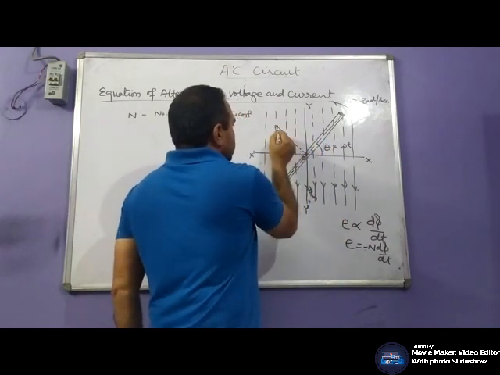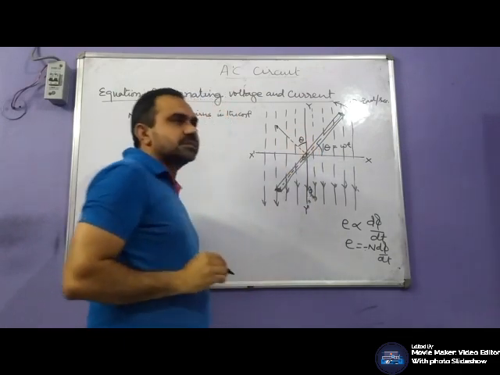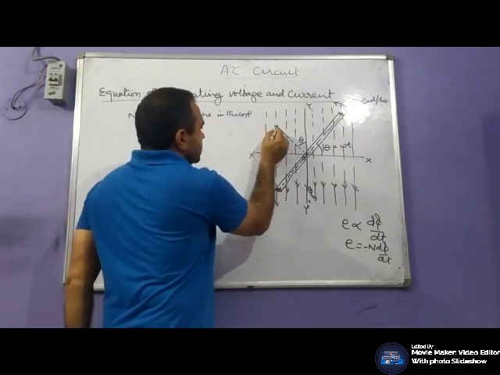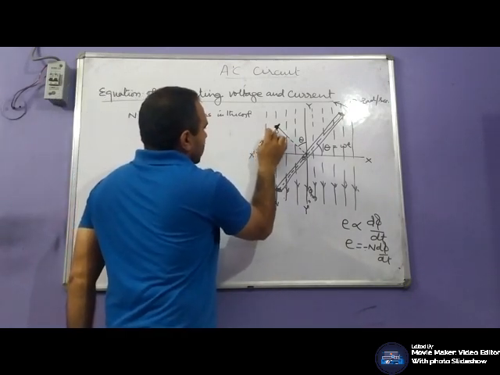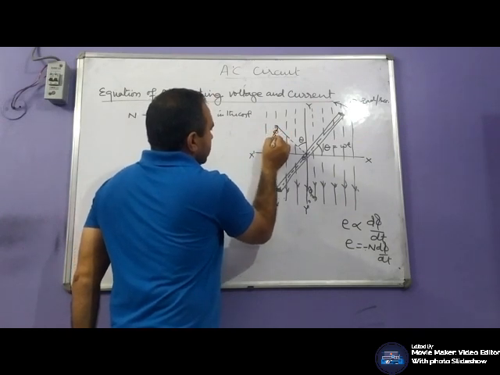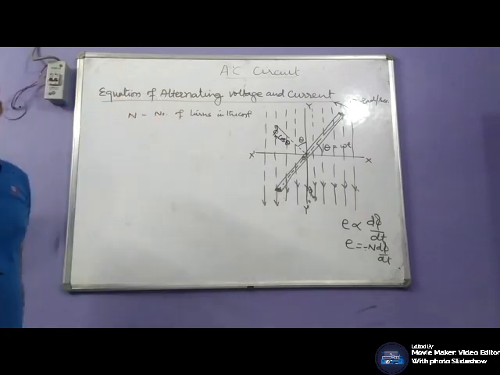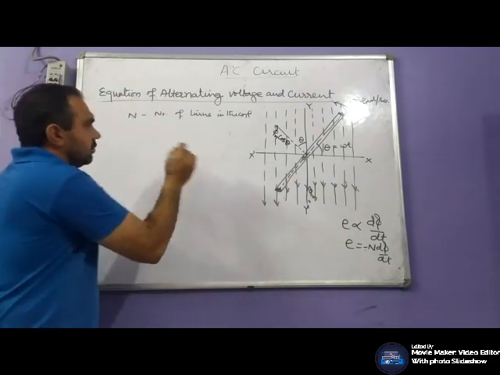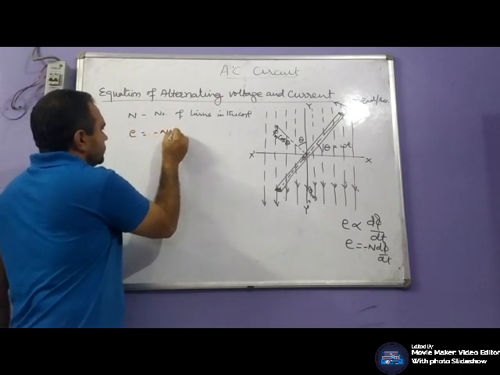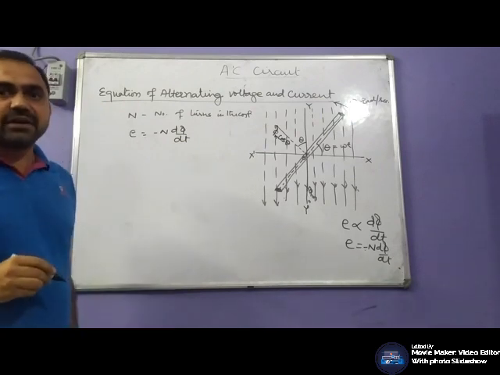Let this be the flux. This angle would also be theta. The flux perpendicular to the coil would be responsible for inducing the EMF in the coil, and that will be phi m cos of theta. Now we know EMF induced is n d phi by dt. And what is n phi?